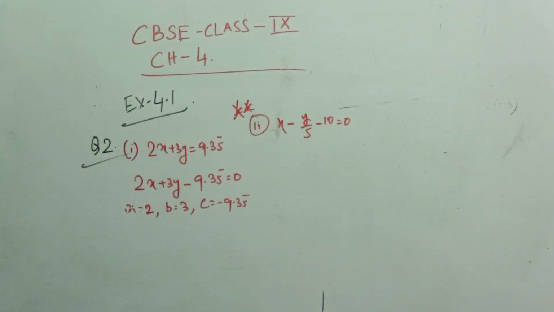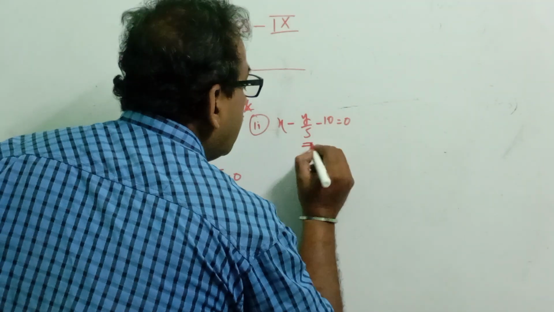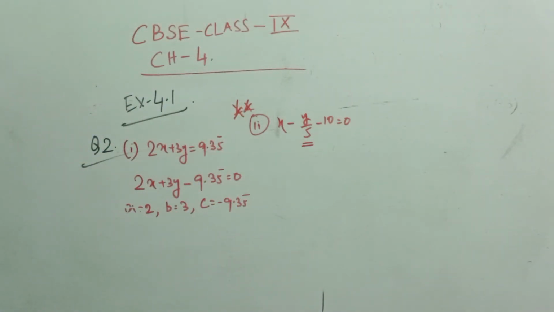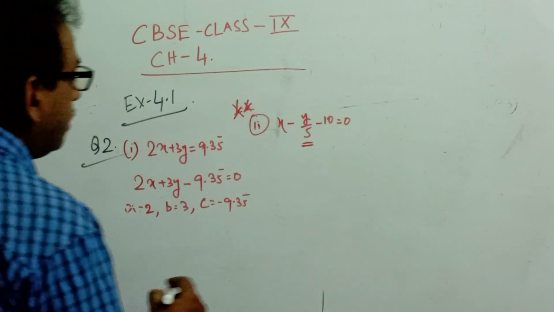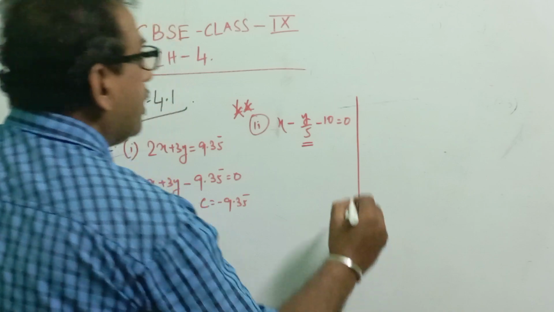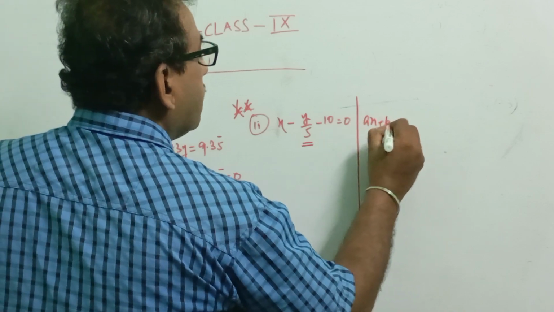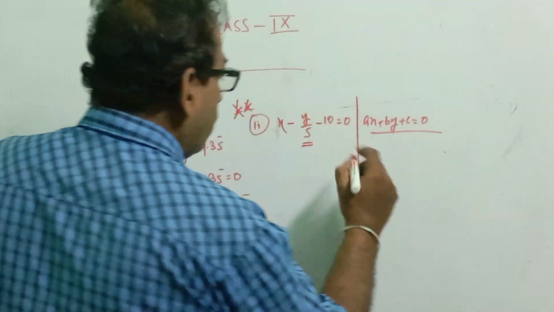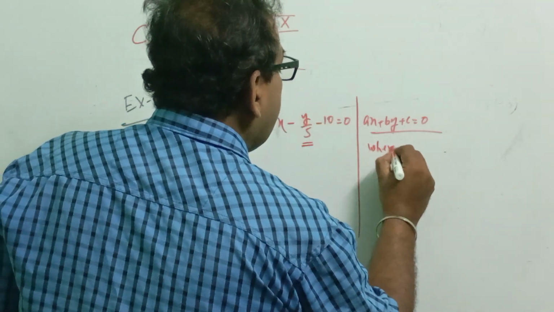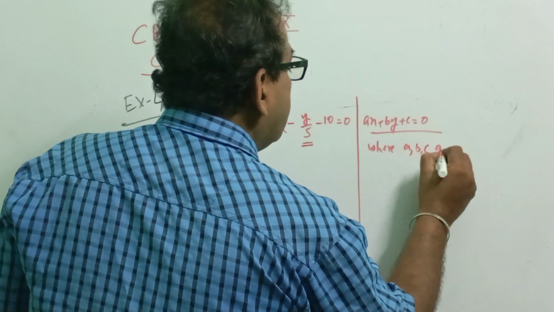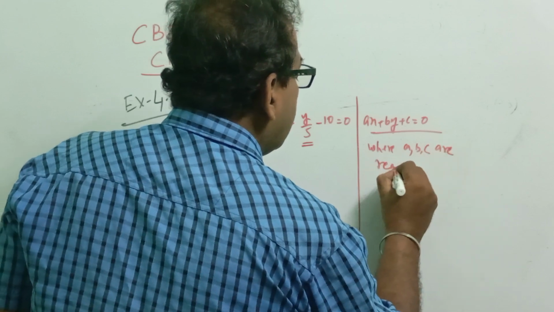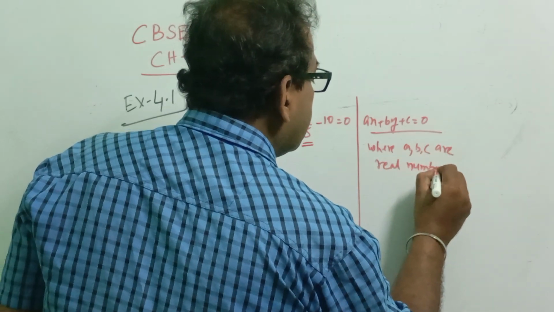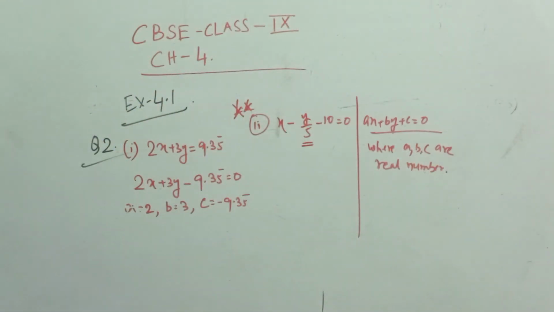Now we can't give the number in rational form, because what do we know? ax plus by plus c is equal to 0, where a, b, c are real numbers. No? It is real number.